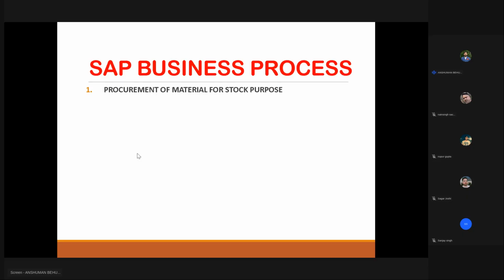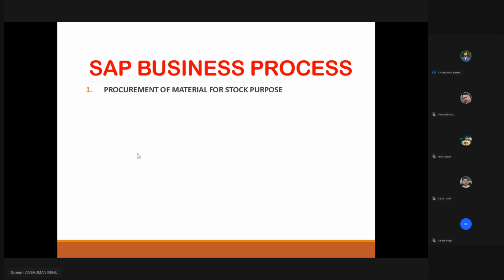And if we talk about the procurement of material, the first process is procurement of material for stock purpose. When we purchase the material and we store it, for example, some daily use materials, raw materials, or trading goods.